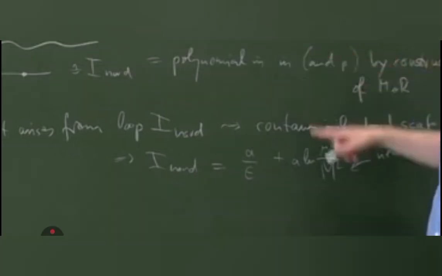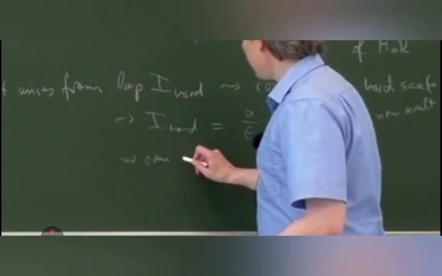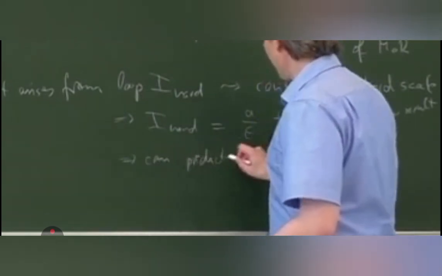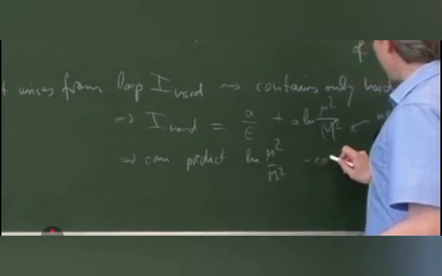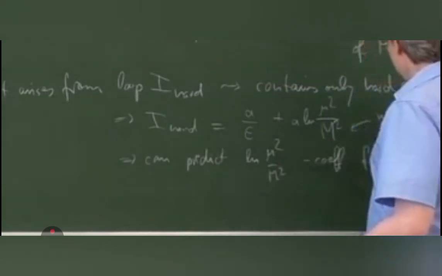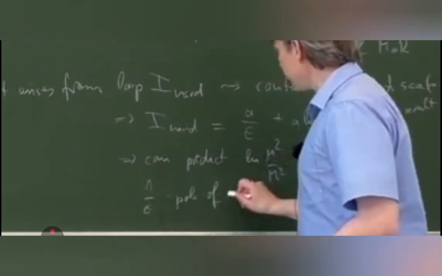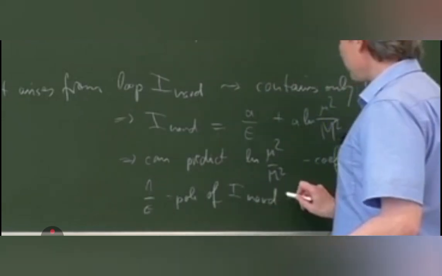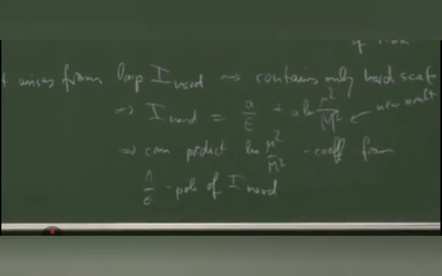Logarithm of mu must be accompanied only by the hard scale and not by any other scale of the problem. So we can predict the ln mu square over capital M square coefficient from the 1 over epsilon pole of the hard integral. Once you know the 1 over epsilon pole of the hard integral, you know the logarithm of the hard scale.